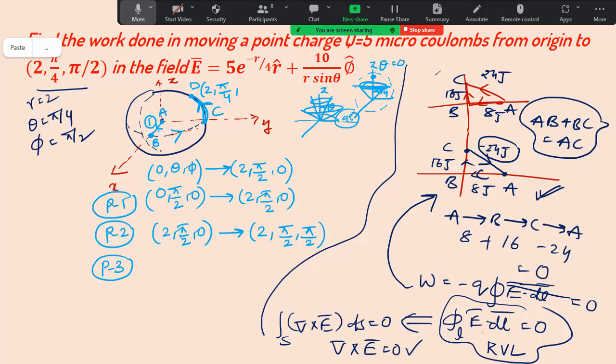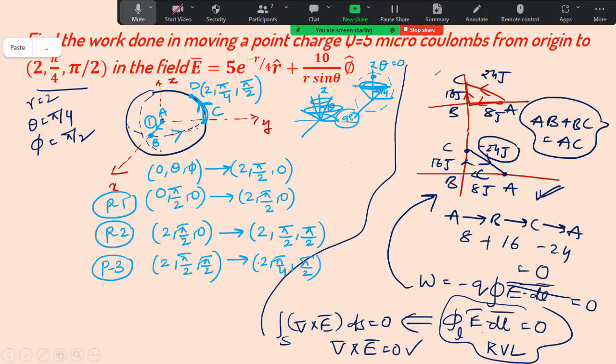On the xz plane phi is 0, then by traveling 90 degrees you will reach the yz plane. Point D is on the yz plane only, that's why phi should be pi by 2. This is point D. So path 3, that is from C to D: point C is 2 comma pi by 2 comma pi by 2, and point D is 2 comma pi by 4 comma pi by 2. This is what we have taken.